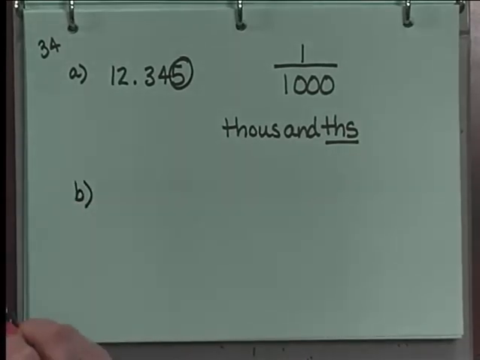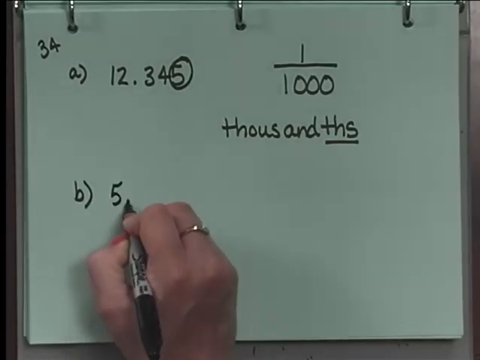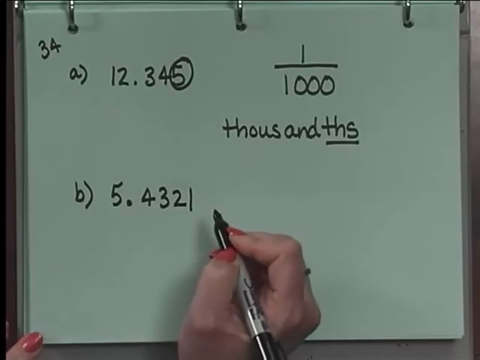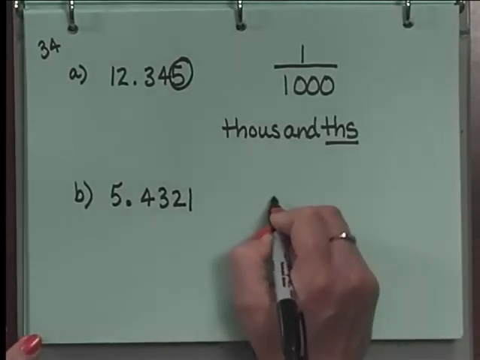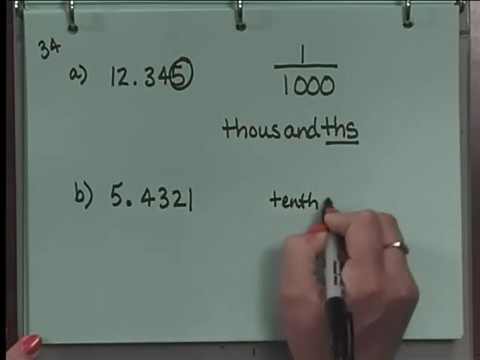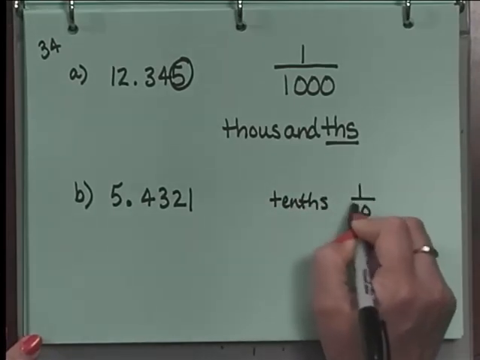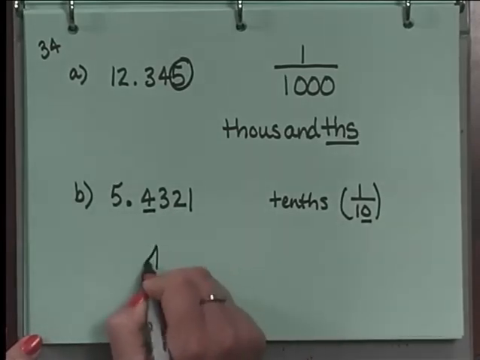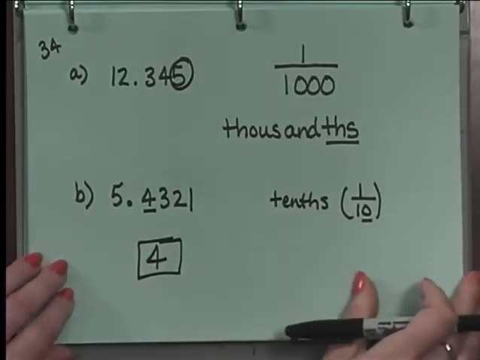Okay. Problem B. It says which digit in 5 and 4,321 ten-thousandths is in the tenths place? Well, the tenths fraction is 1 over 10. So that's 1 zero, so that's the first decimal place. So the 4 is in the tenths place.